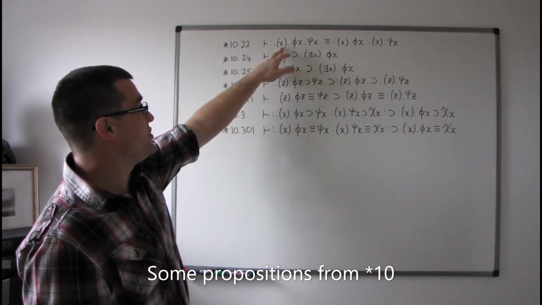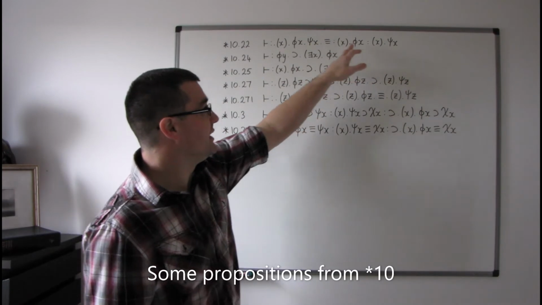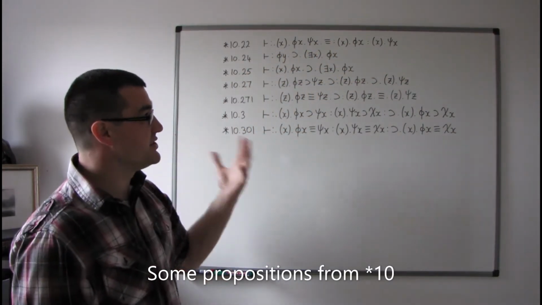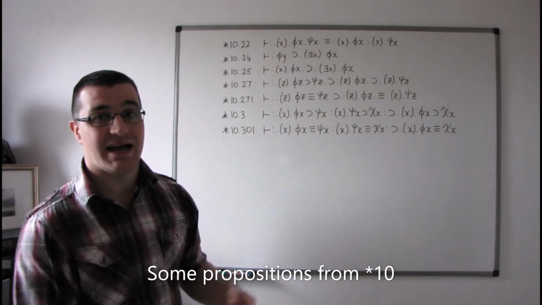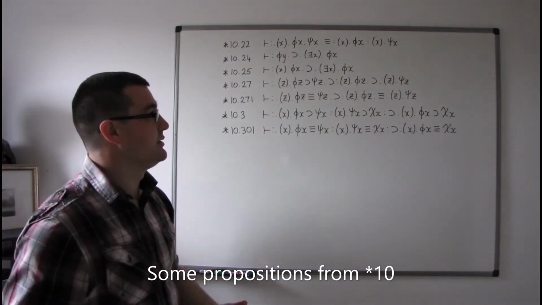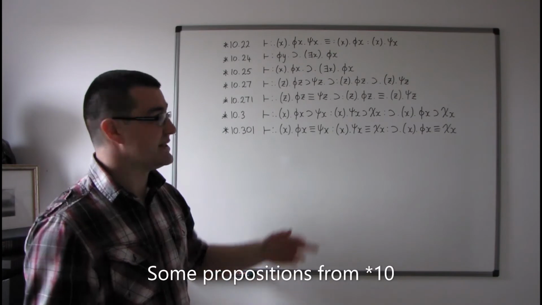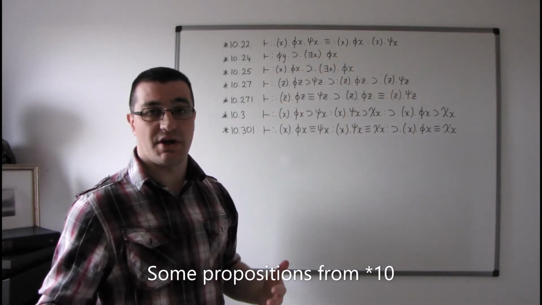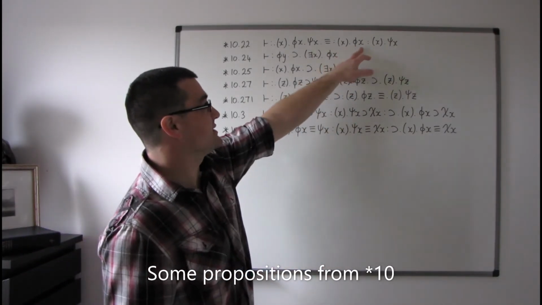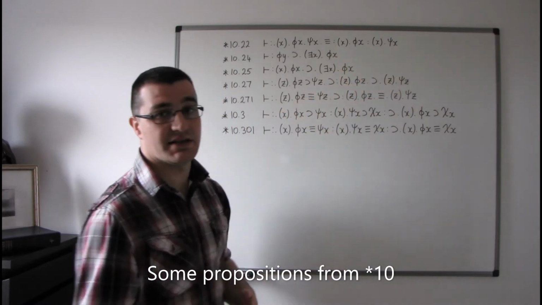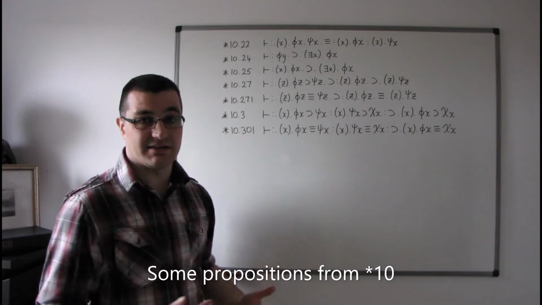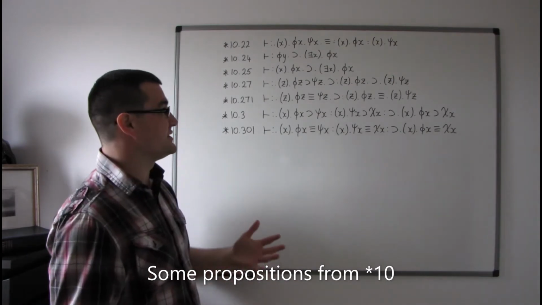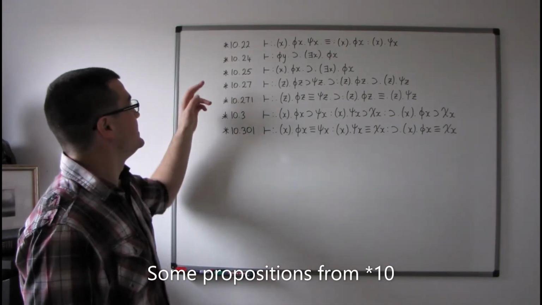Even though I'm using x in all of the apparent variables, there's no specific need for me to do that. That's not to suggest that the apparent variables have anything to do with each other. They are, for all intents and purposes, independent of each other. So I could change these two x's to y's and these two x's to z's, and I'd still get a proposition that would be exactly the same in nature. There would be no difference in how I would interpret it.